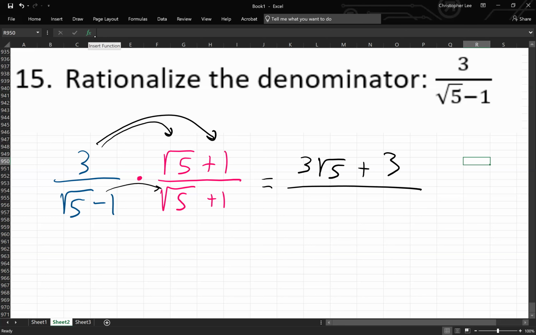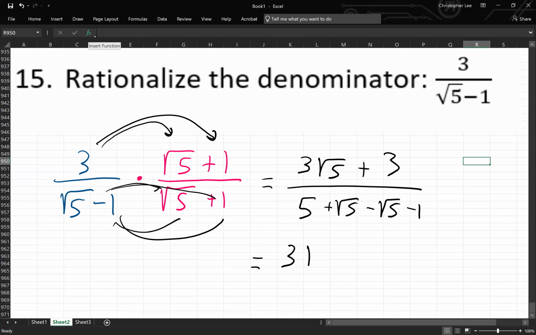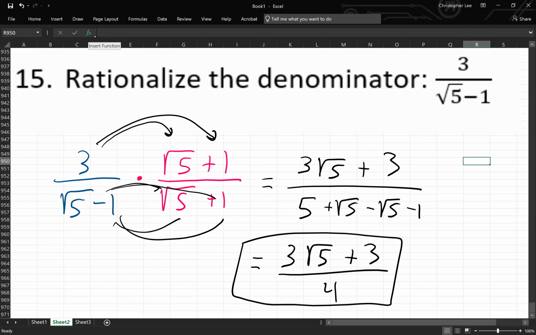What's the denominator? 5 plus square root 5 minus square root 5 minus 1. Very good. Just doing a little extra step, but you get the idea. So this is 3 square root 5 plus 3 all over 4. Not cross multiply, straight across. Cross multiply is if you had an equal sign.